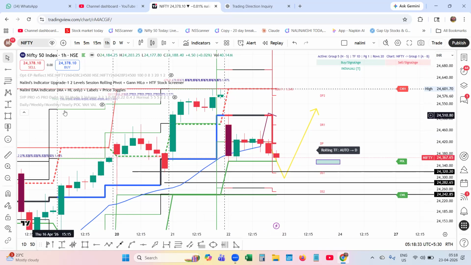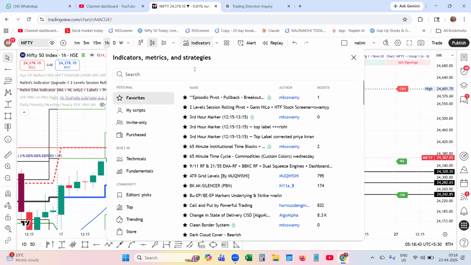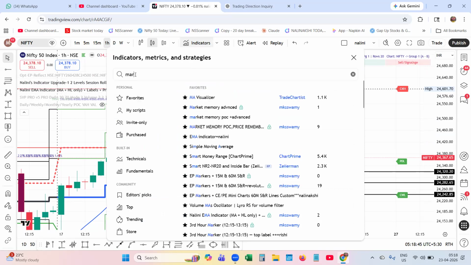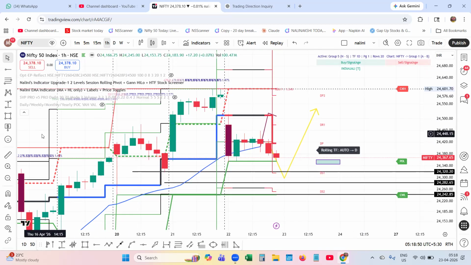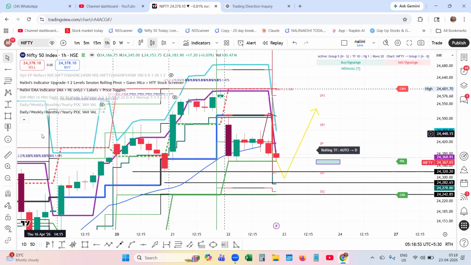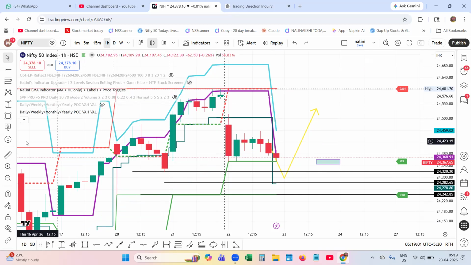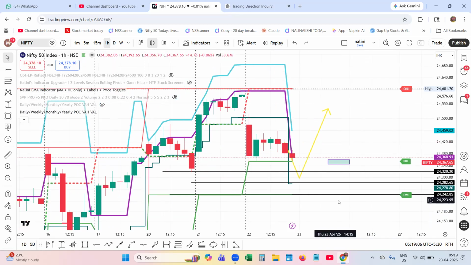Apart from that, I have created, if you know that, many people have taken my market memory POC. Market memory POC remembers value. I'm applying that, okay? And I'm just hiding my Nalini Precision Engine and applying market memory POC.